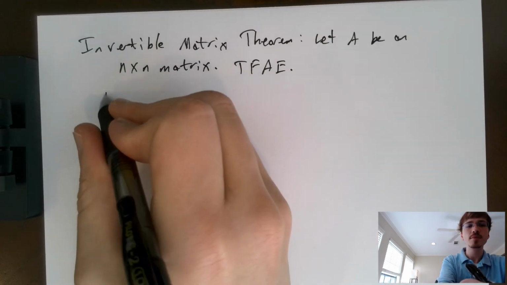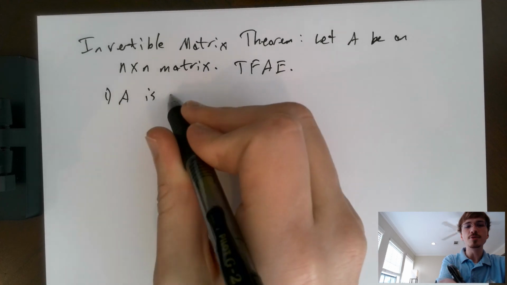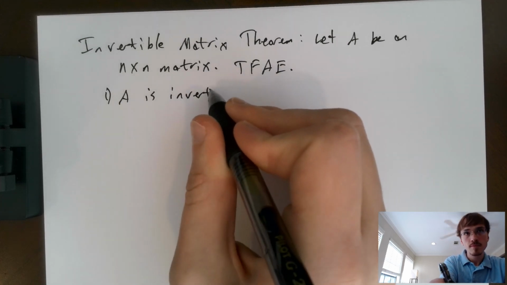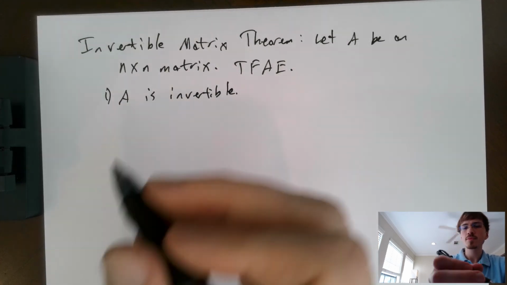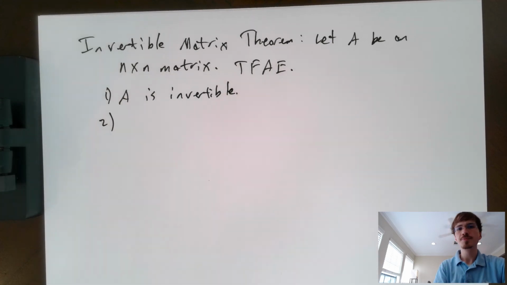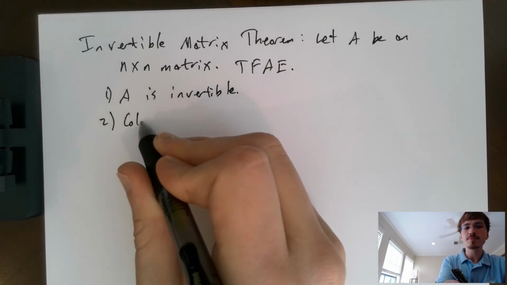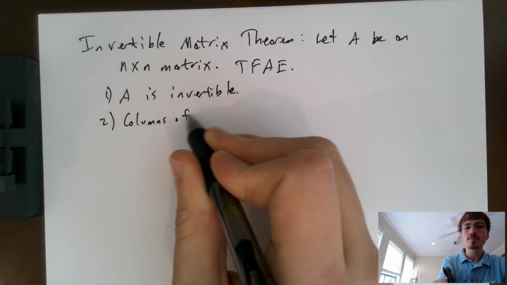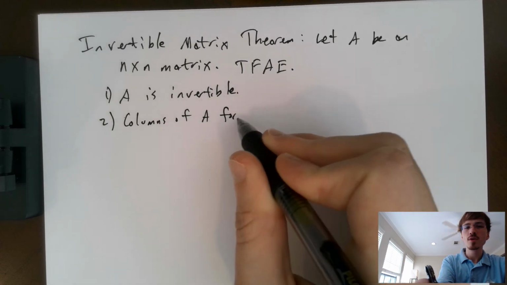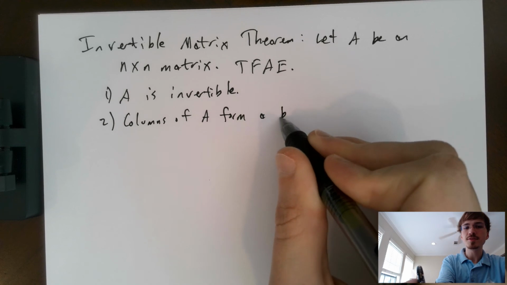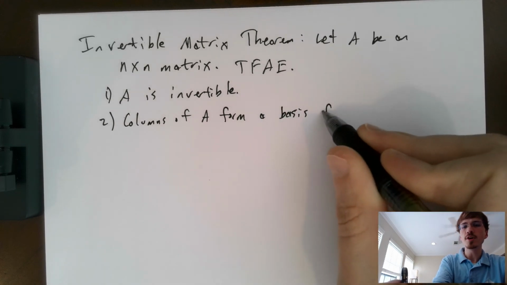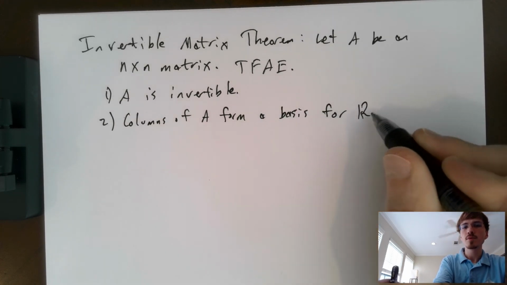1. A is invertible. 2. The columns of A form a basis for Rn. Why is this true?